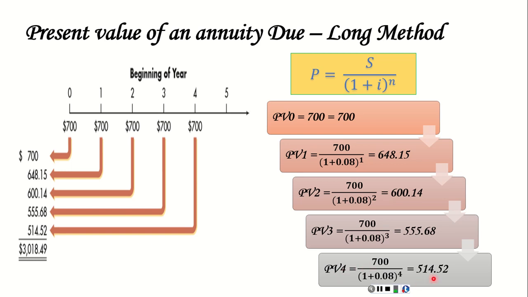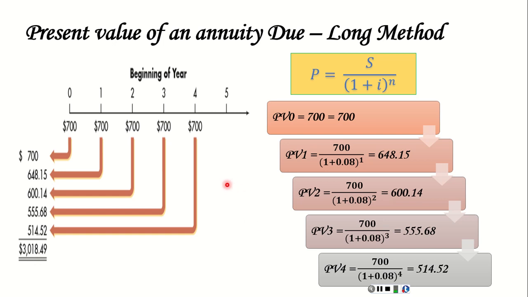It is worth today 514. So we can add up all the present values to find the total present value paid by each bank to CIB bank, which equals $3,018.